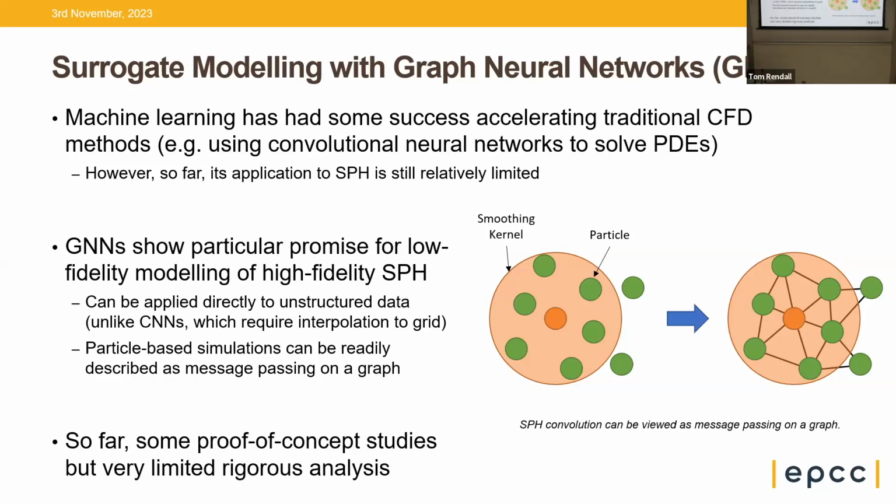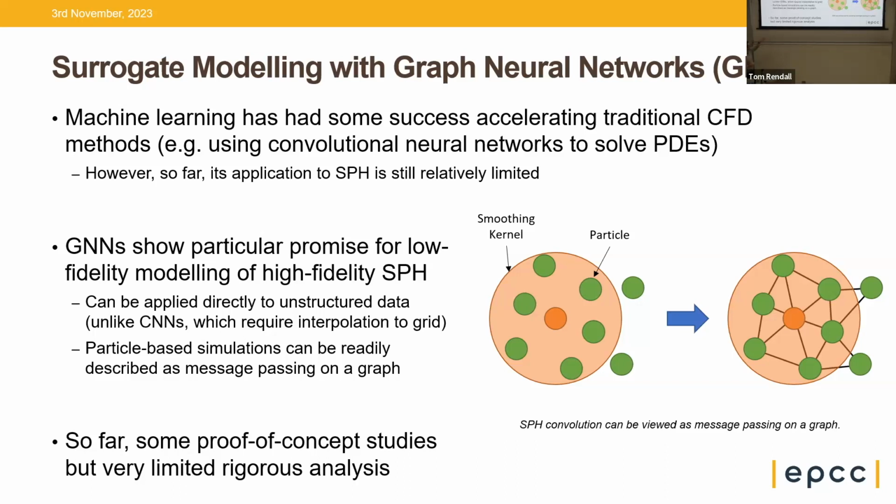I was aware they were working with convolutional neural networks, but the graph stuff I wasn't aware of, so maybe there's some scope there for collaboration. But the key point here is that particle-based simulations can pretty much be described as message passing on a graph. So there are some real structural similarities between graph neural networks and SPH and other particle methods.